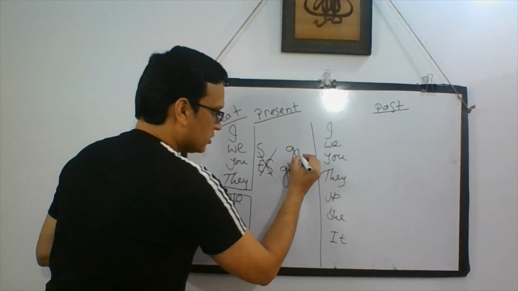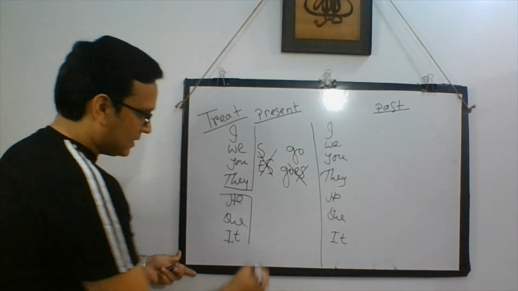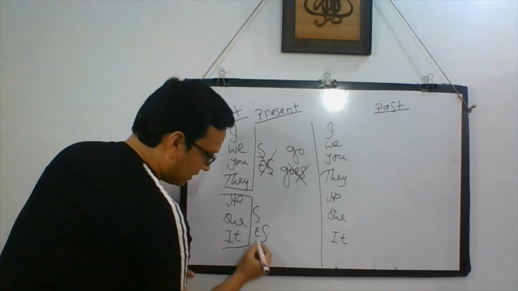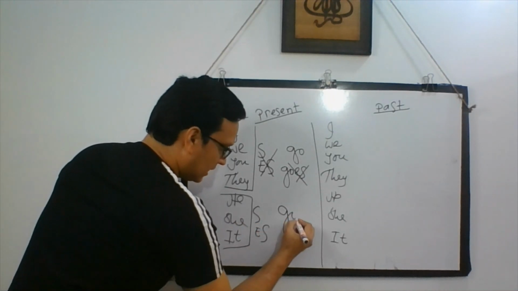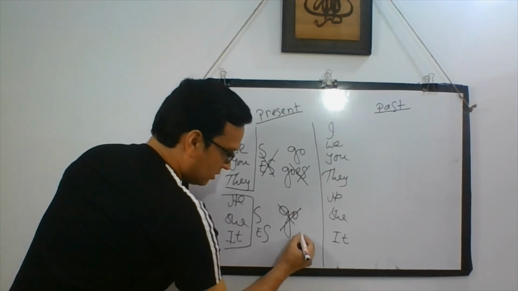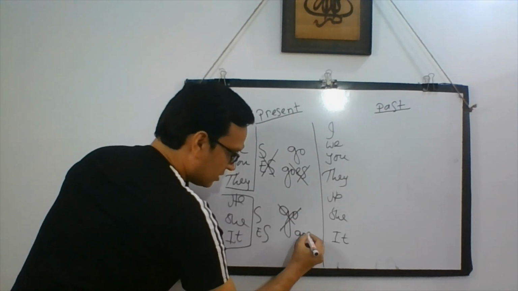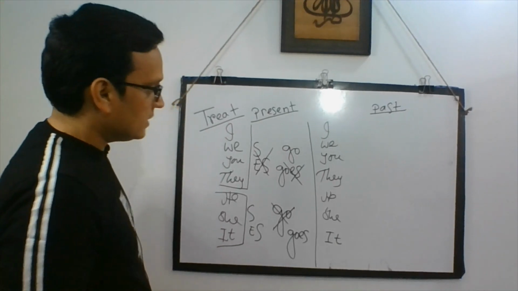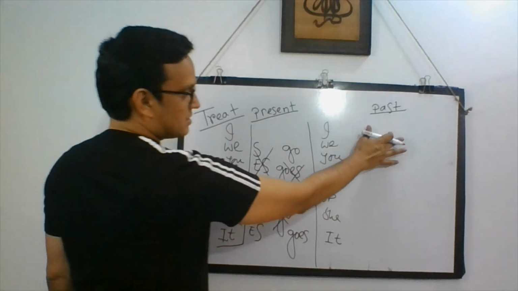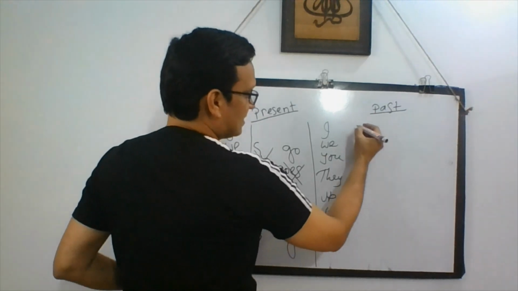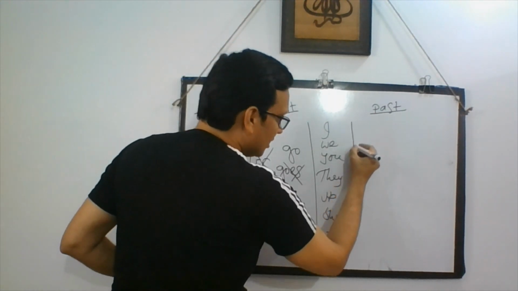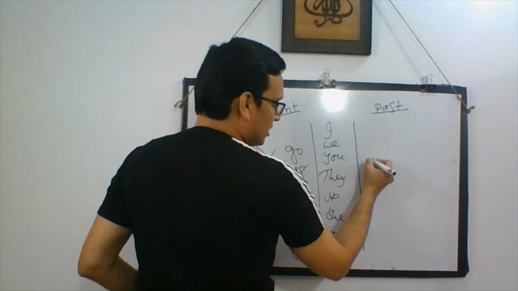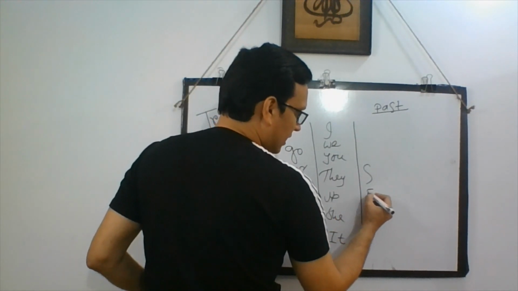So most of you know about that. But in third person singular, you have to be sure about it. So you can't go that way. It will be is or is. Hope most of you know this matter. Now we are going for the past. In past tense, advantage is that for everyone, we don't need to worry about this.